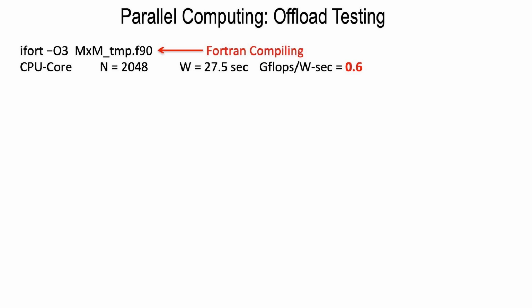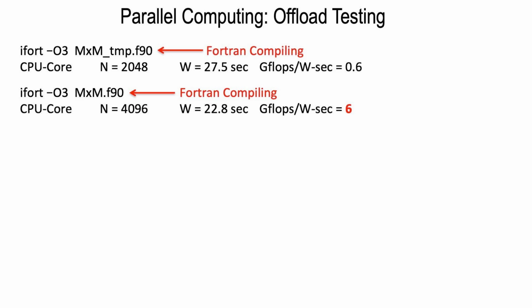Let's summarize the advancements covered in our recent videos. Initially, in the Fortran compiling video, the matrix multiplication performance with the TMP variable was below 1 gigaflops. However, by adjusting the accumulative summation method, we increased the performance to around 6 gigaflops per second.